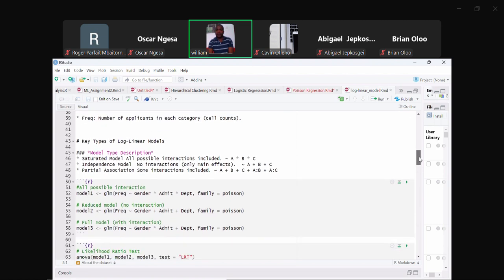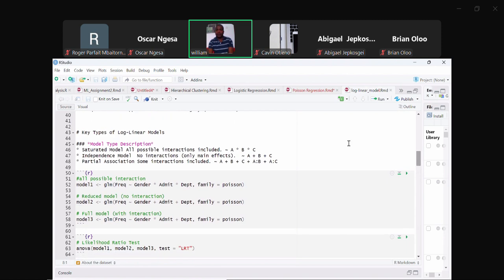So for key types of log linear models, we have a couple. We have the saturated model, which includes all possible interactions. You can see here, we normally use a multiplication sign to link the independent variables. Then we have the model with no interaction, which looks just like Poisson or any other models that we normally do. We don't have any interaction.